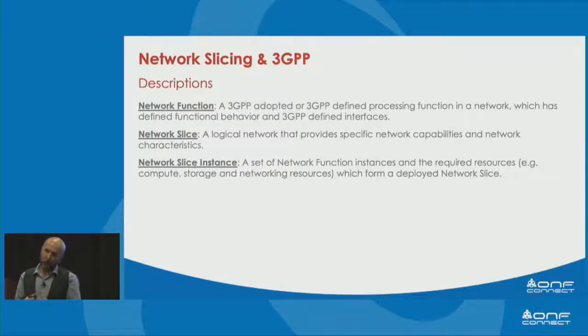So the VPN that you're talking about doesn't really care what the underlying connectivity solution is. It's agnostic to it. So it is an overlay of the network slice that I'm talking about.